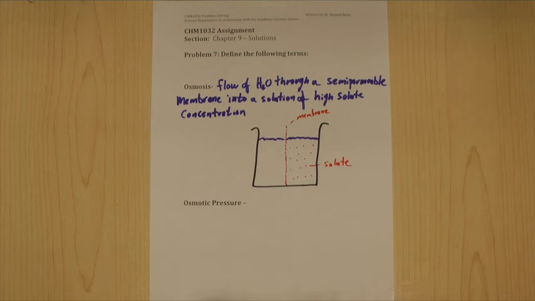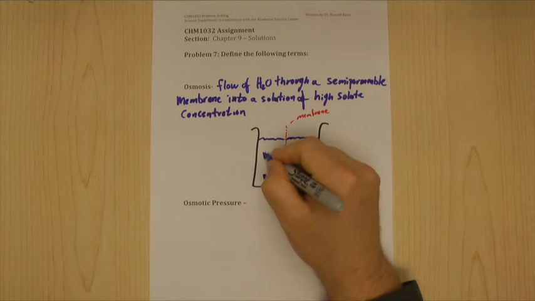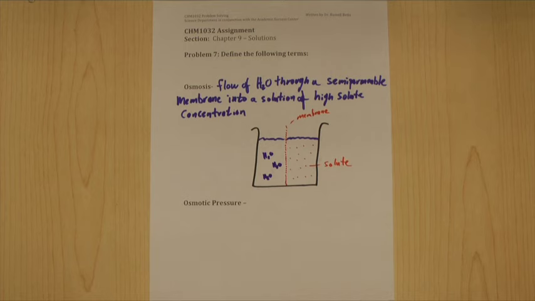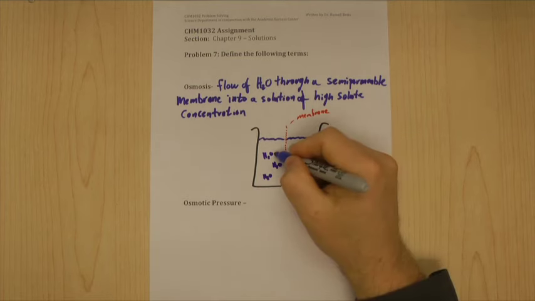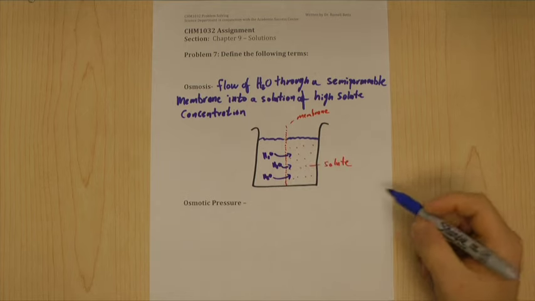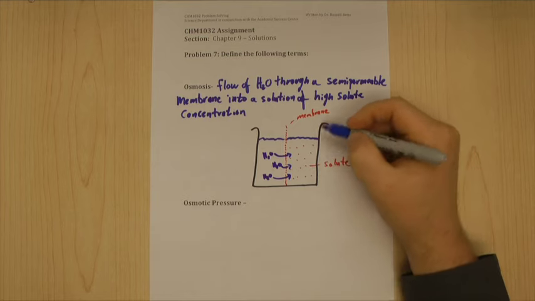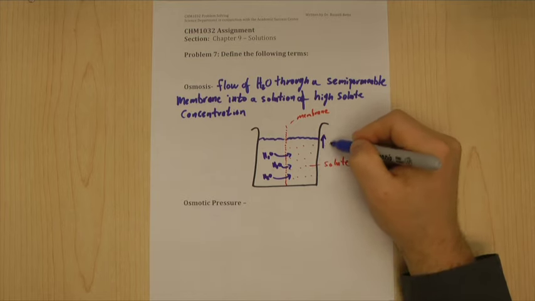So now, water will now go through the membrane. Water will travel through the membrane to dilute this solute over here. This will cause the water level to rise.